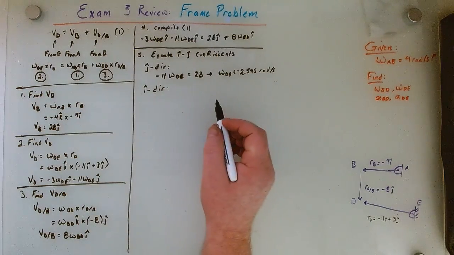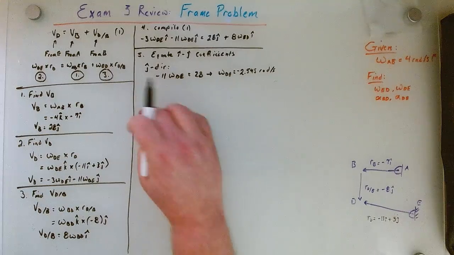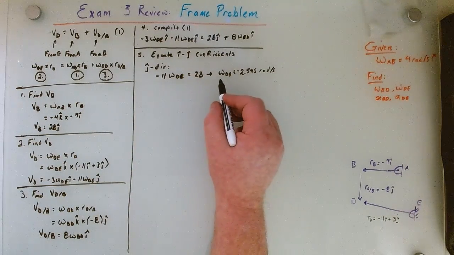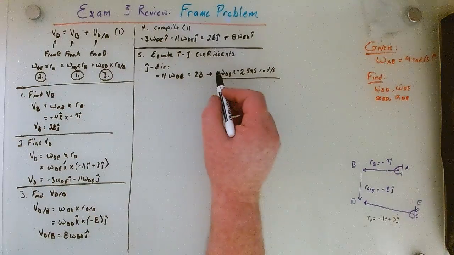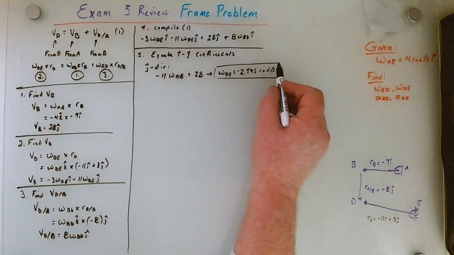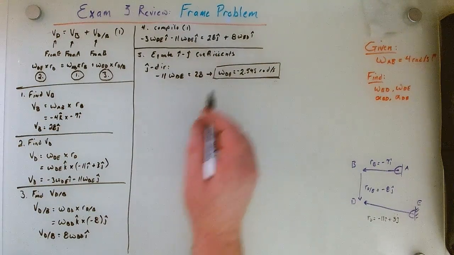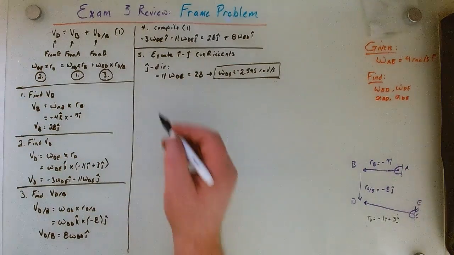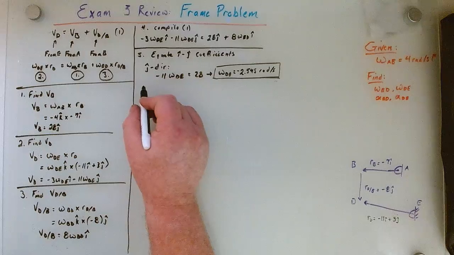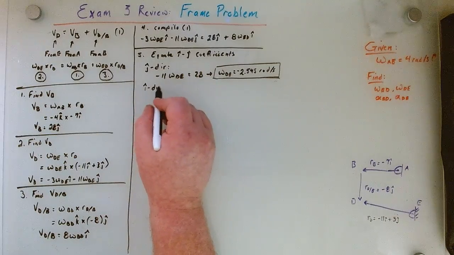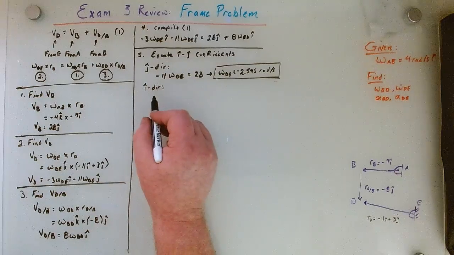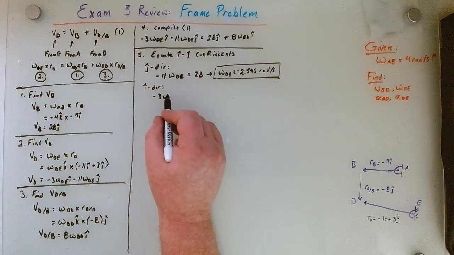Okay, so that gives us this value. And in the I direction, we have minus 3 omega dE.